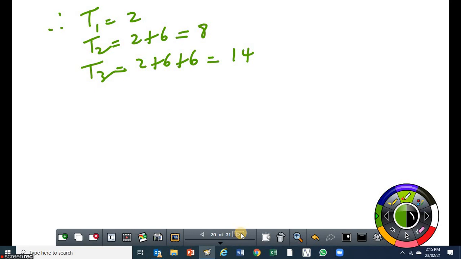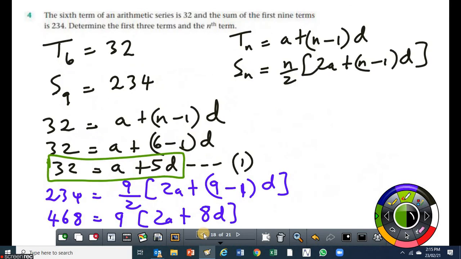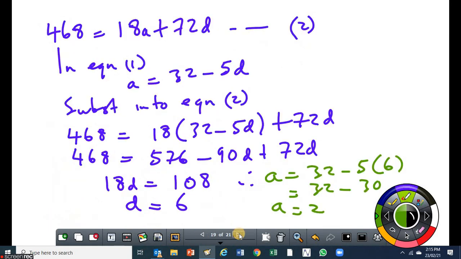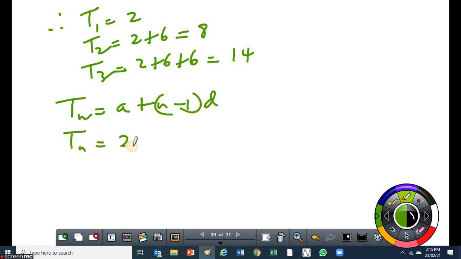Okay, so I now have the first 3 terms. Now I need to find the what? The nth term based on the question. The question is saying determine the nth term. So to find the nth term, it should be easy because Tn is equal to a plus n minus 1 times d. What is my a? It's a 2. What is my d? It's a 6.